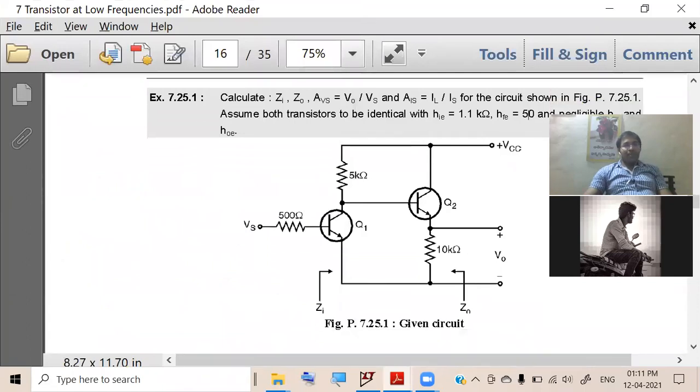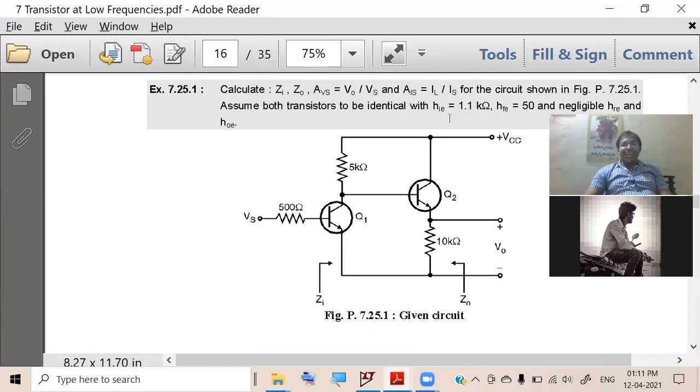First note down the values. RS 500 ohm, RC1 5 kilo ohm, RE2 10 kilo ohm, HIE 1.1 kilo ohm, HFE 50. Have you noted down?